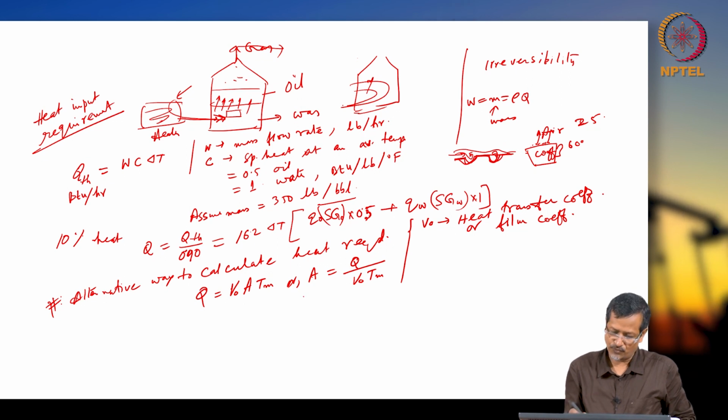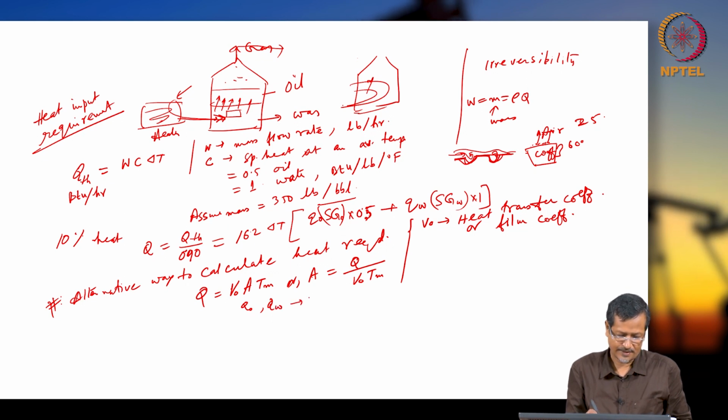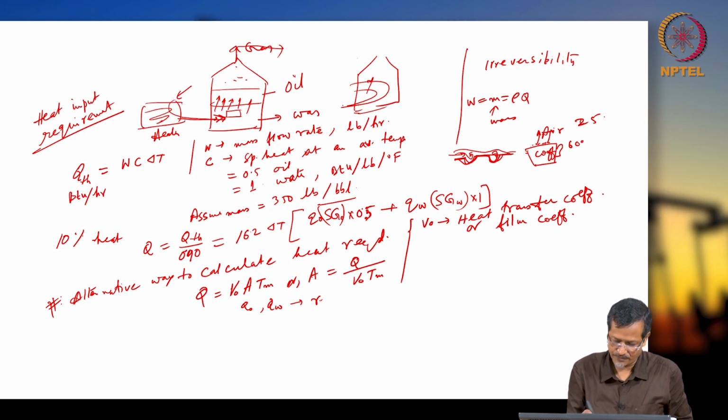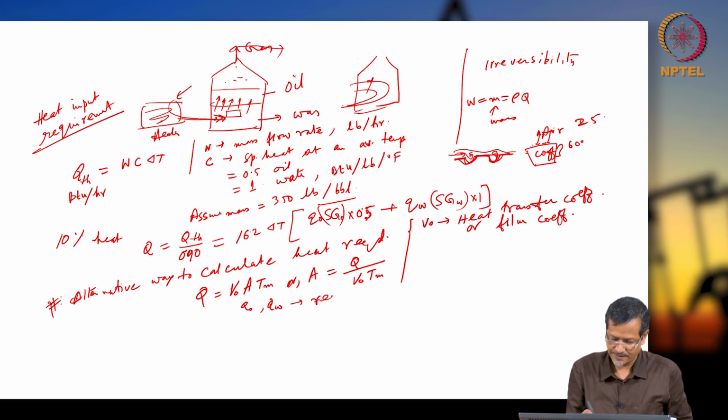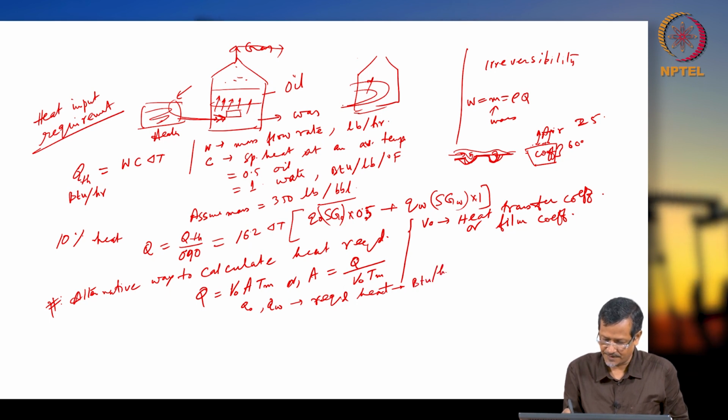So Q_O and Q_W, for oil and water, is the required heat, capital Q. The required heat unit is BTU per hour.